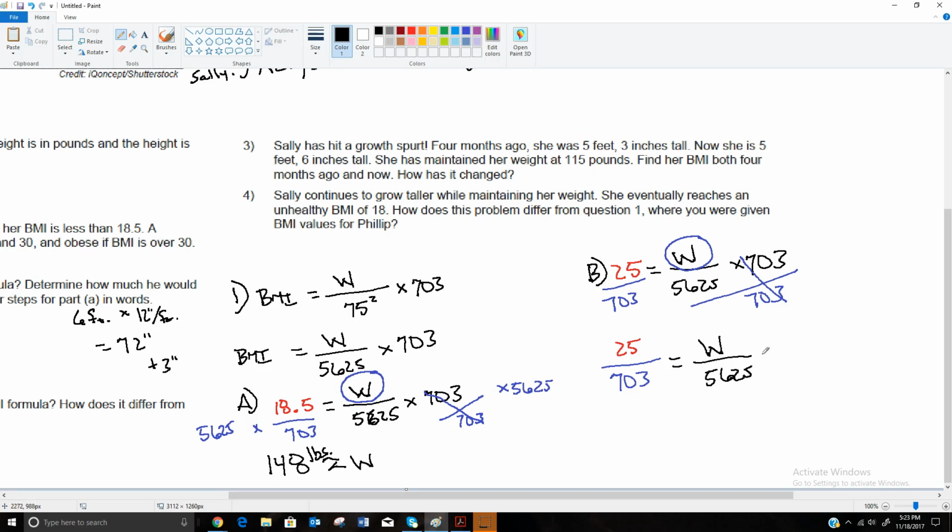And to get rid of the 5625, I'm going to multiply by 5625. And that will cancel out the 5625 that's there. So multiplying by 5625 undoes a division. And so over here, once I divide this, I'm going to multiply by 5625. So 25 over 703 times 5625 should get me the weight.